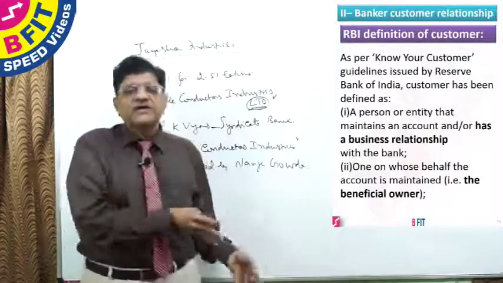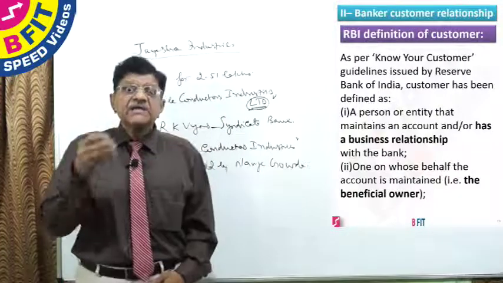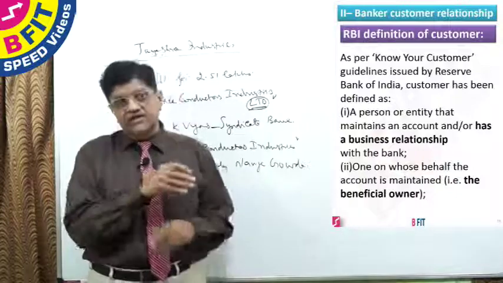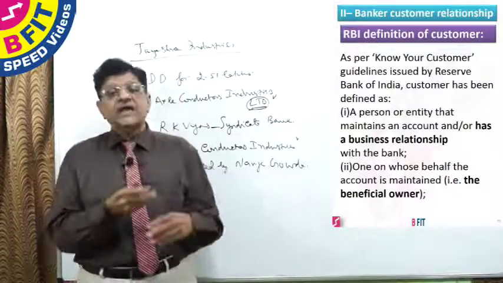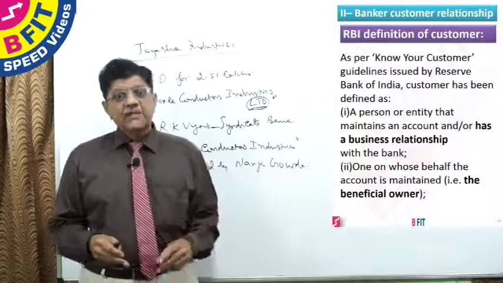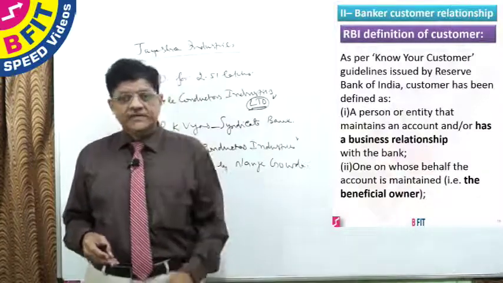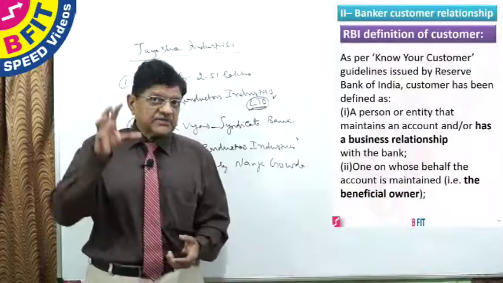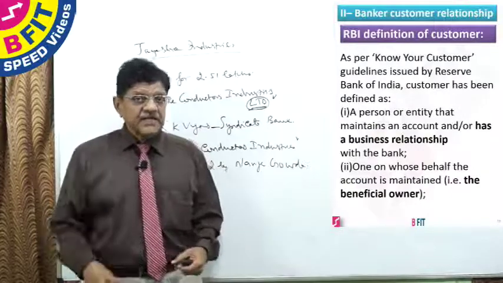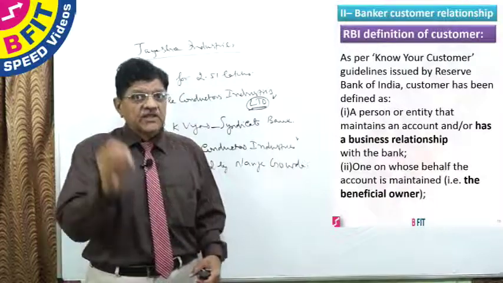for whose benefit this account has been opened, is also a customer, even though he might not have visited the bank, he might not have signed anything in the bank, because his weal and welfare must be properly looked after by the bank. The bank should ensure that the purpose for which the trustees are receiving the money is properly used for the benefit of the child.